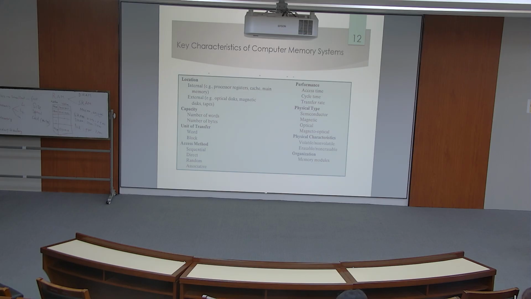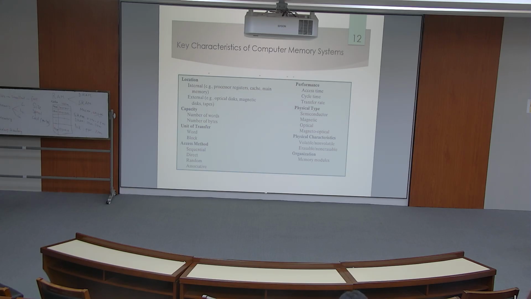Internal memory includes the registers, also cache memory, and also the main memory. This is based on the location of the memory in the computer system. So internal memory is the processor registers, cache memory, and the main memory.